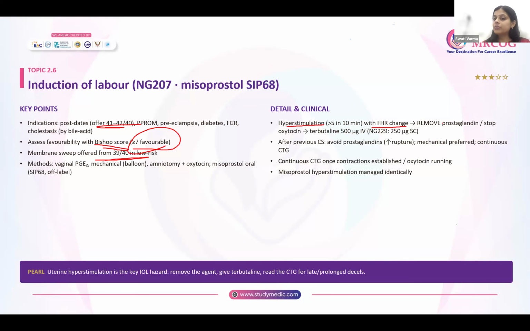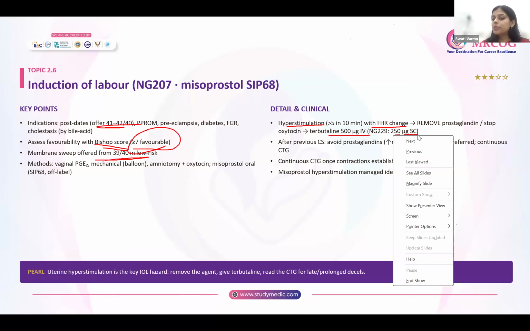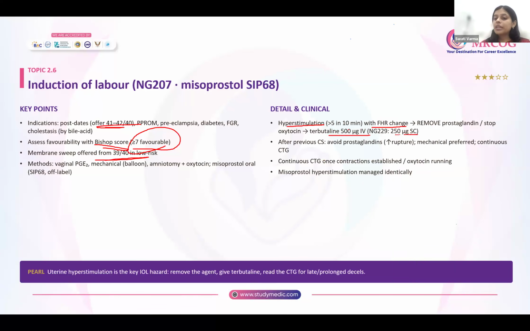If Propess is inside, remove it. If oxytocin is running, prefer to stop it. And if required, if things are not getting well, then terbutaline, in the guideline it is 250 micrograms subcutaneous, but in one of the recalls even IV was given, 500 microgram IV can also be given.